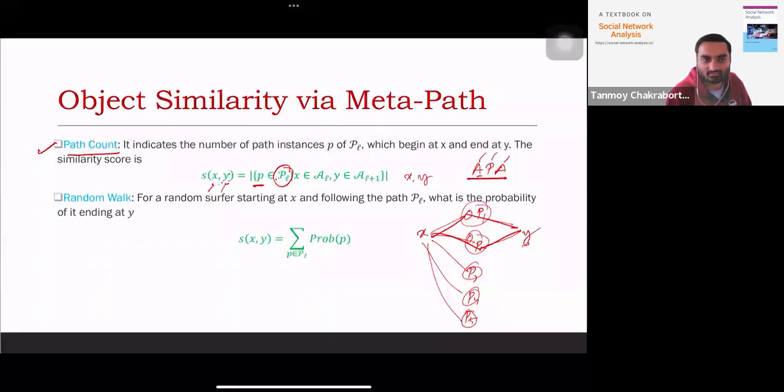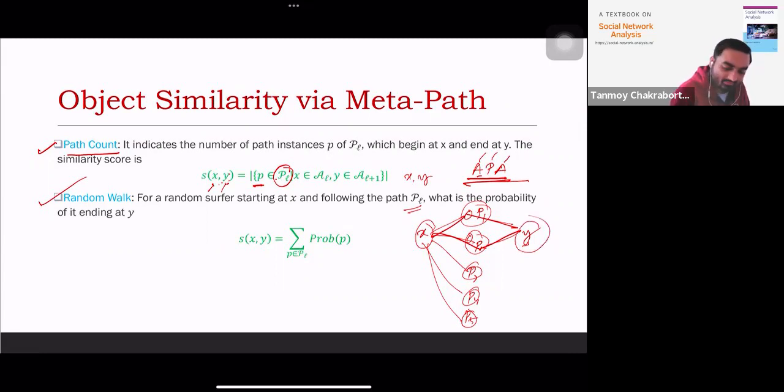The higher the number of collaborations, the higher the similarity. Simple idea. The second similarity is random walk. What does it say? If you start a random walk from node X, let's fix a particular metapath PL, and assume the metapath is APA. You start a random walk from X. What is the probability that you end up reaching Y via the metapath APA?